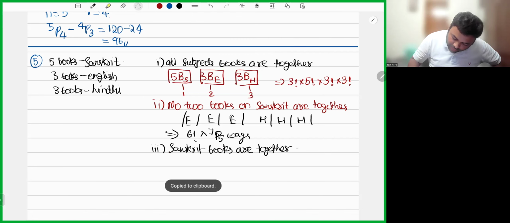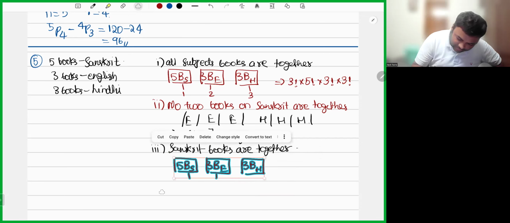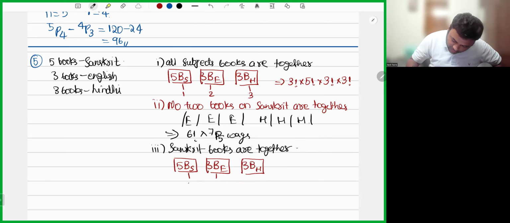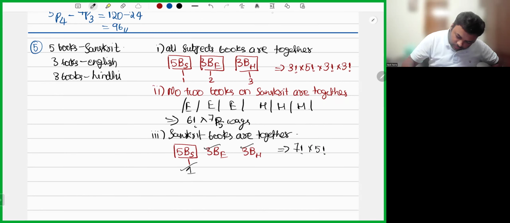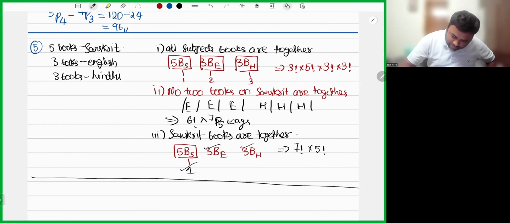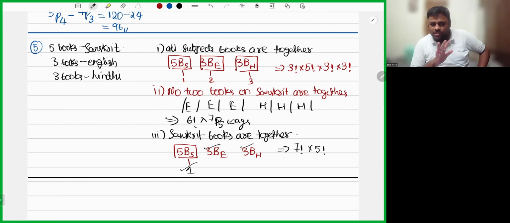So what you will do, my dear friends, you will take these Sanskrit books as 1 unit, plus 3 books on English, 3 books on Hindi. So 1, 4, 7 units. 7 factorial. Can you interchange 5 Sanskrit books among themselves? Yes. 5 factorial.